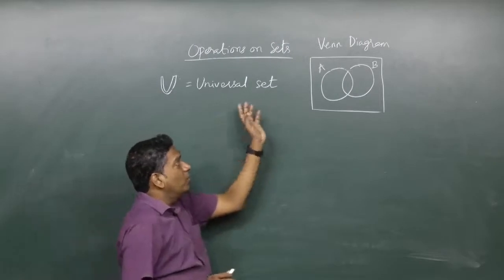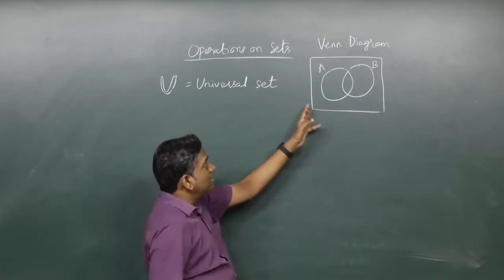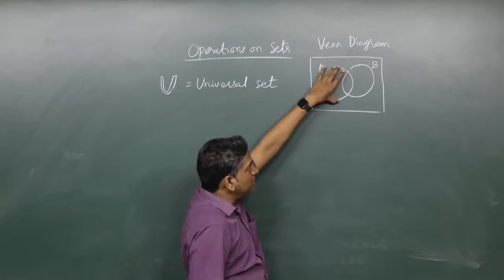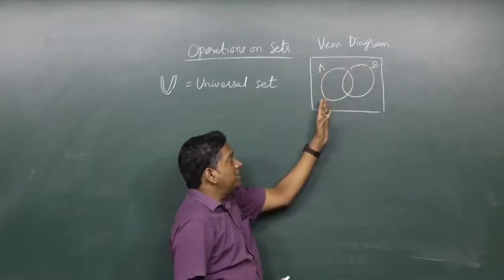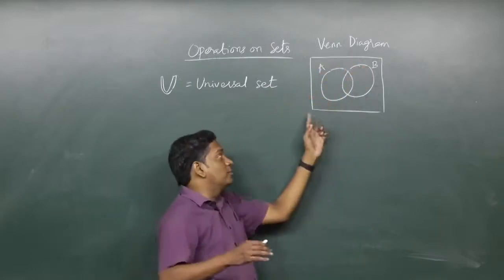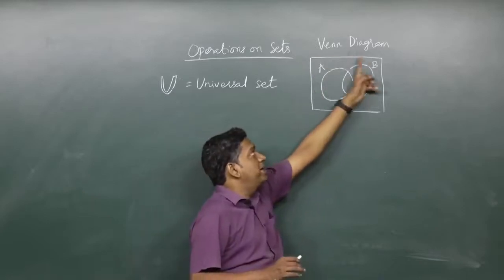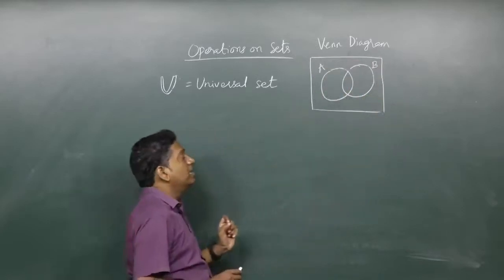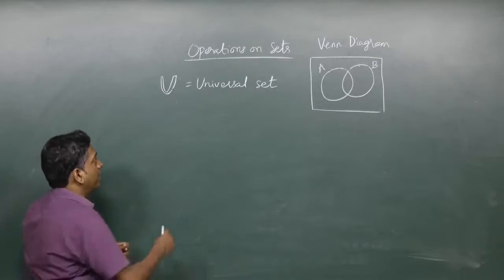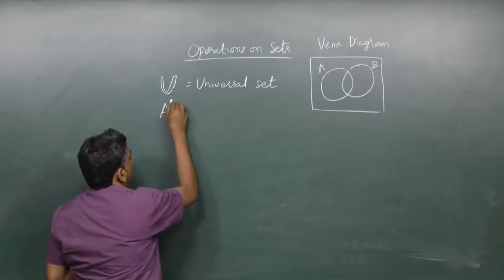Okay. Now, why did we write this universal set? Because we want to say this is set A, this is set B, but all the possible elements of the universe in that context will remain under this rectangle. Now, we are ready to define what is known as a complement.